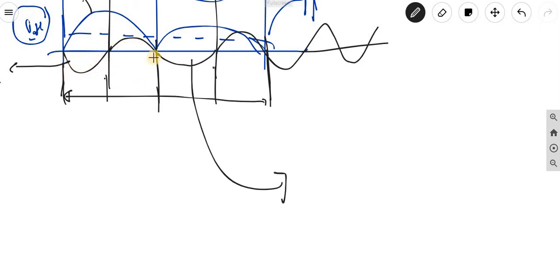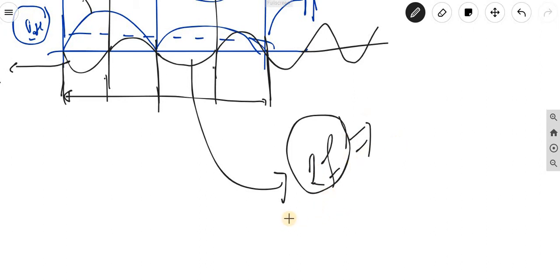For the reactive power 2, and for active power also we are getting 2 pulses. So the power frequency is 2 times the fundamental frequency, that means the normal frequency of current or voltage. This is called the power frequency.